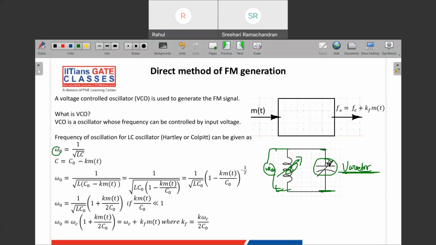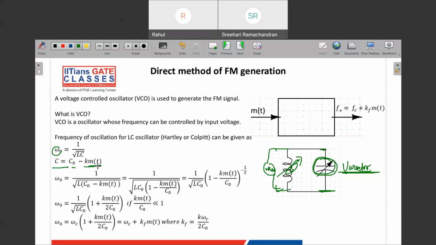The capacitance of this LC tank will then change based on the message, so the capacitance can be written as C equal to C naught minus K into m(t).